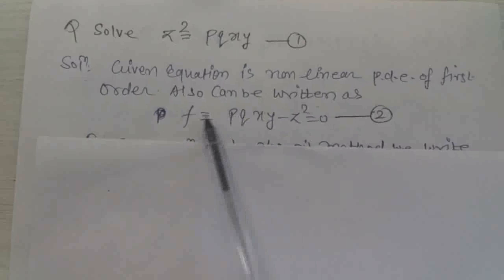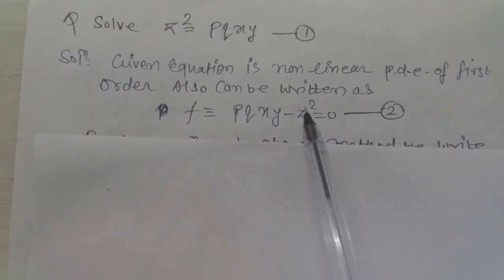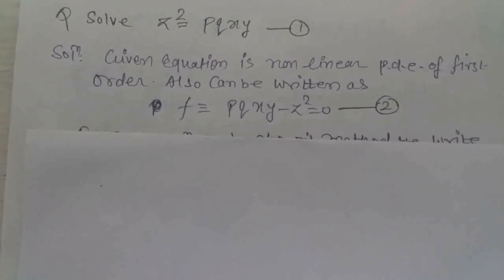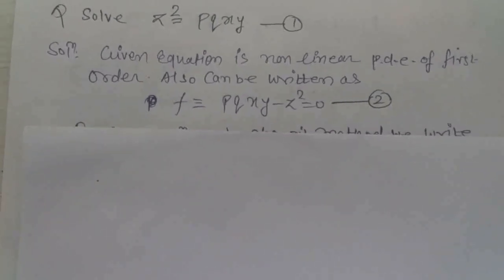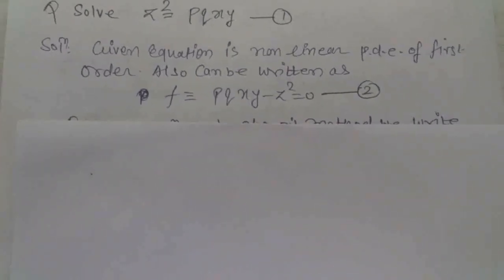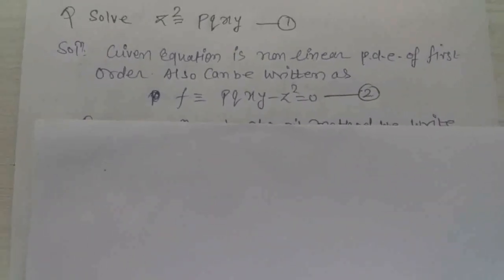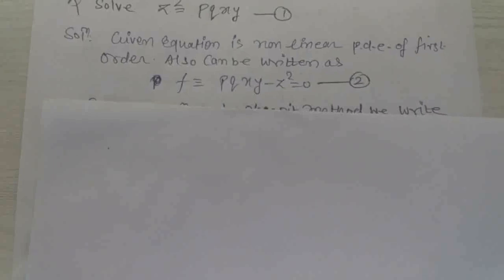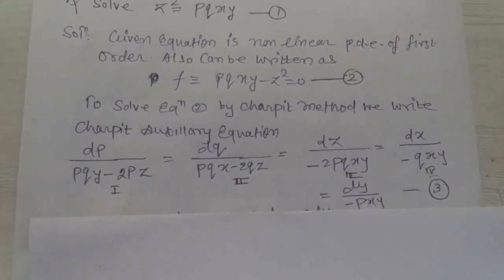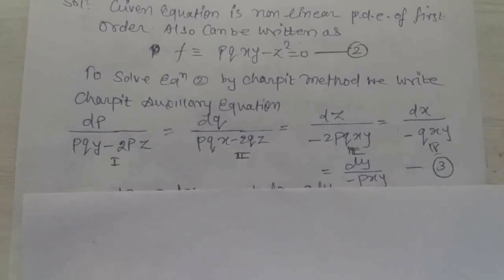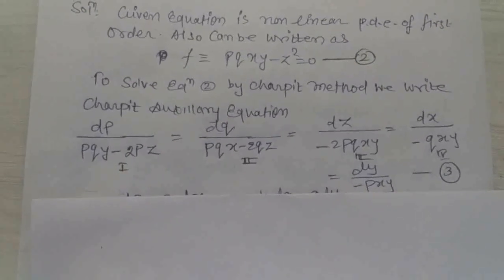Now we write the Charpit auxiliary equation corresponding to equation 2. As we are very much familiar with how to write the Charpit auxiliary equation, I am not going into detail and will directly show you. This is the Charpit auxiliary equation corresponding to equation 2.